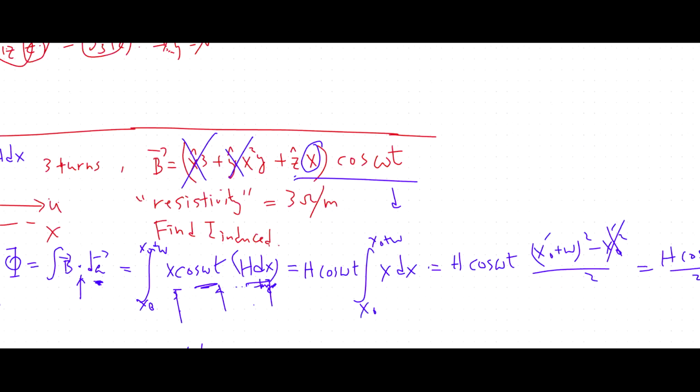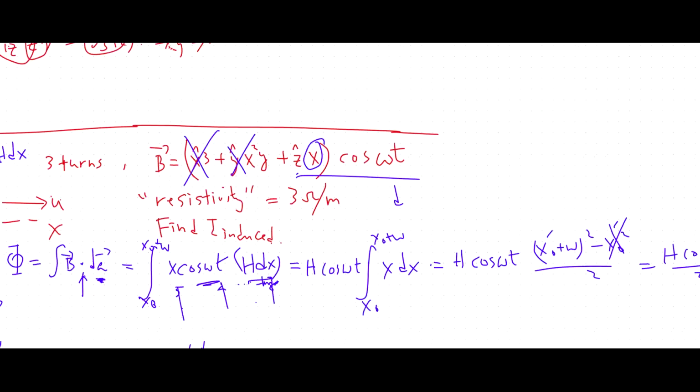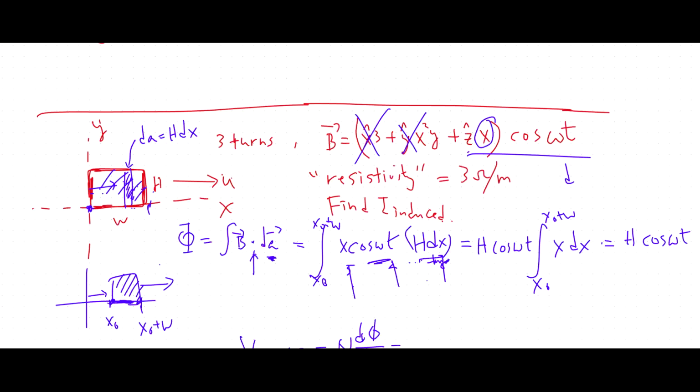So how do I find the resistance of these 3 loops of wire? How do I find the resistance? It's just 3 times the total length. The total length is 2W plus 2H times the number of turns, right?